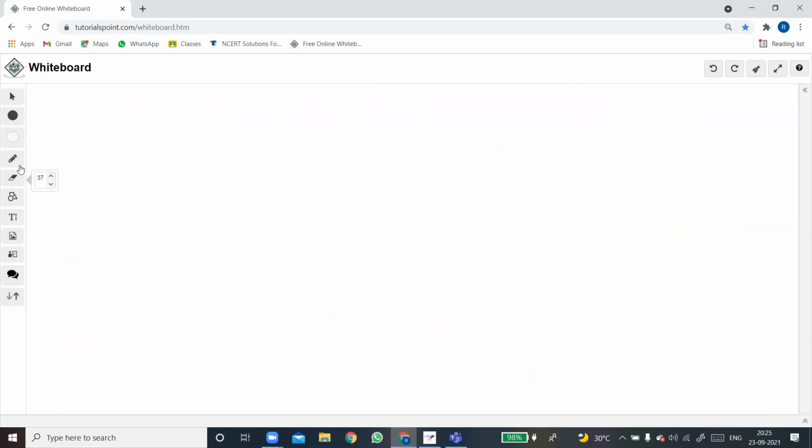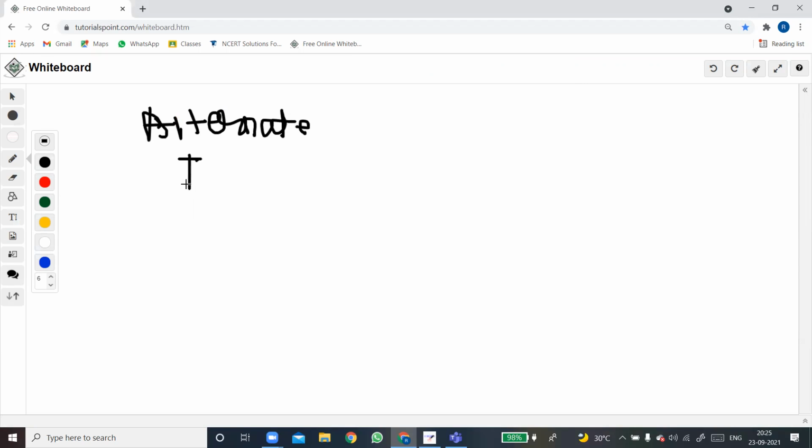So next property which we are going to see is alternate interior angles, or alternate interior opposite angles. So we'll write alternate interior. As per the diagram, I'll explain it.